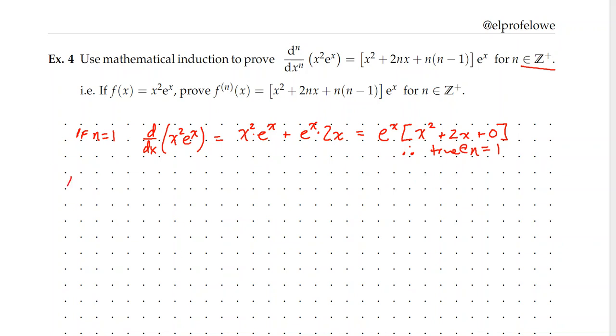Then our inductive hypothesis. We're going to assume true for n equals k.